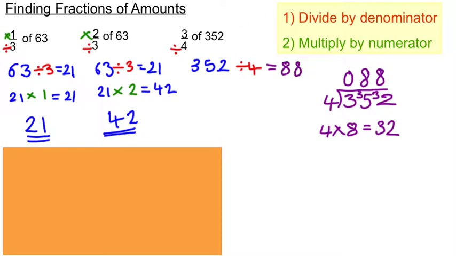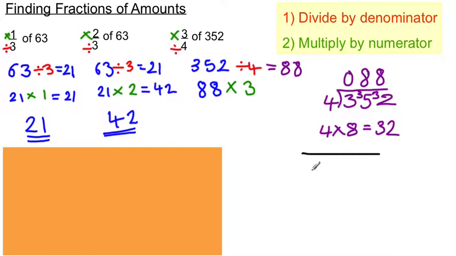So we've now done step 1. Step 2 was to multiply by the numerator. So I need to do 88, and now we need to times that by the numerator, which in this instance is 3. So we times by 3. So again, what I would do at this instance is I would use a multiplication grid.